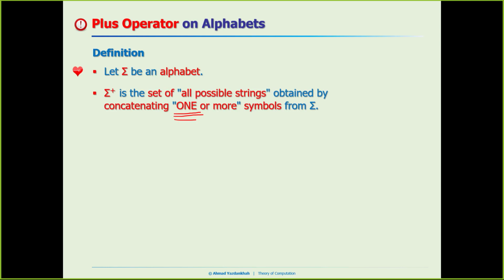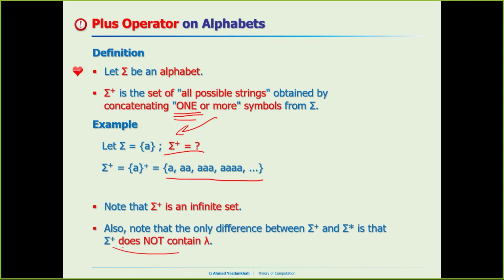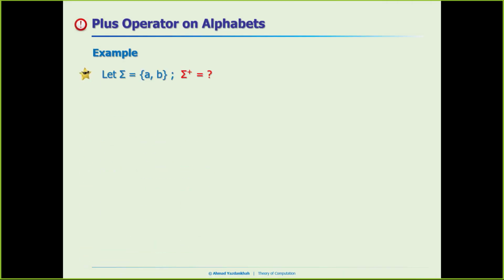So if we remove the zero, what are we missing? Only lambda. If you enumerate this sigma plus, you will see just lambda is missing. Again, sigma plus is an infinite set, and it does not contain lambda because it starts with one concatenation. The example with our celebrity alphabet uses the same strategy, we just remove the lambda.